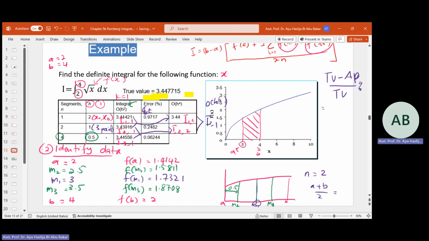Error here is true error, not the approximate error. Is it approximate error? I think true error.